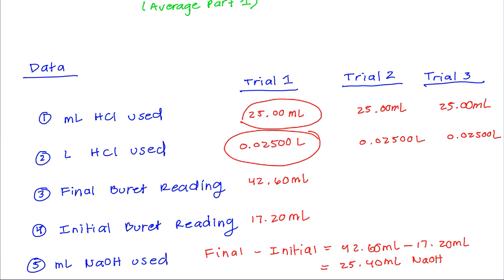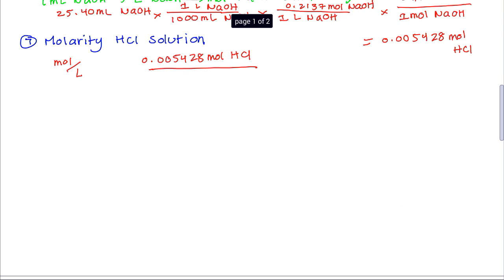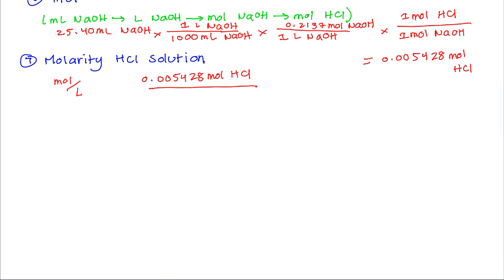That's how many liters of hydrochloric acid we used. So if we plug that into our calculation, we get 0.02500 liters of hydrochloric acid. Notice that we should have 4 significant figures in our answer. If we calculate that out, we get 0.2171 moles per liter of hydrochloric acid. Another way we could write this is 0.2171 molar HCl.